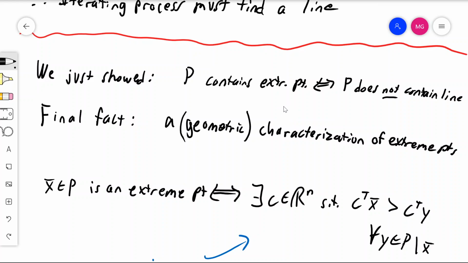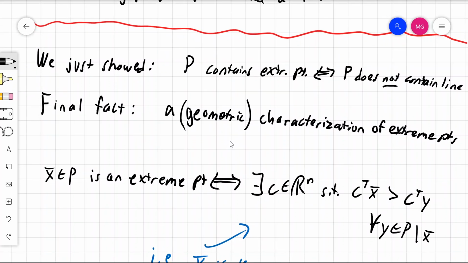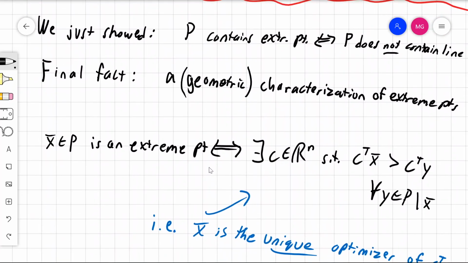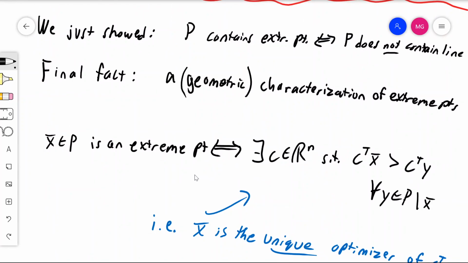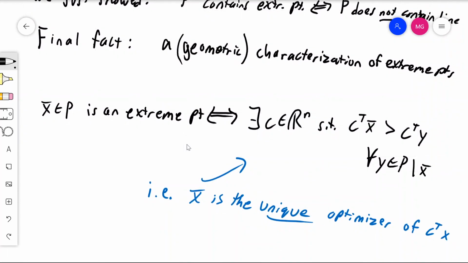We can again test whether or not a particular point is an extreme point, but before that was in terms of the rank of the matrix of tight constraints, which was an algebraic or algorithmic kind of thing. This one's more of a geometric nature. It's also related back to something in the prior video that you'll see in just a moment. But this will be the final fact for the video.